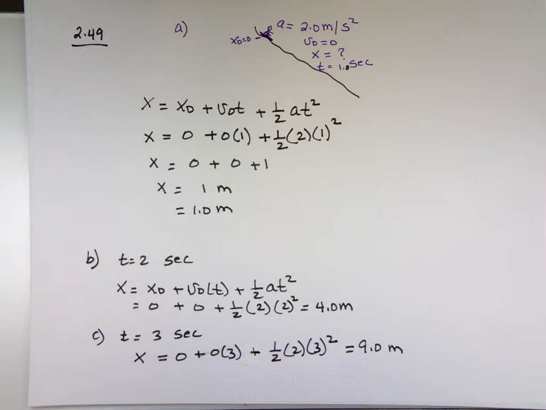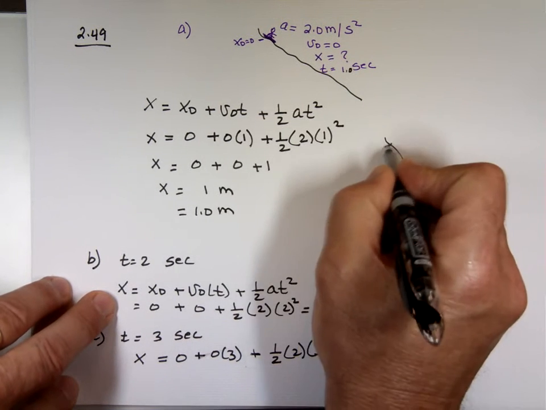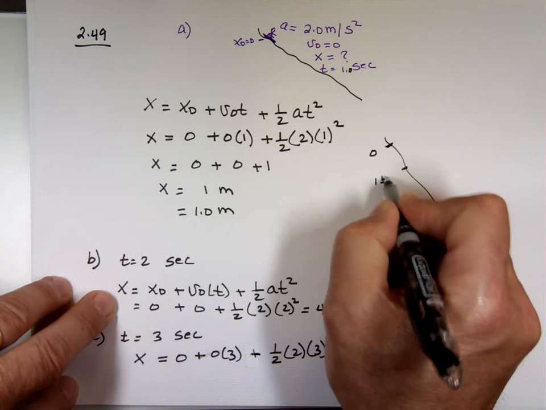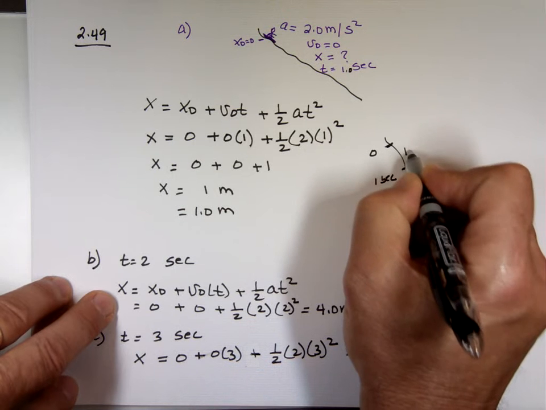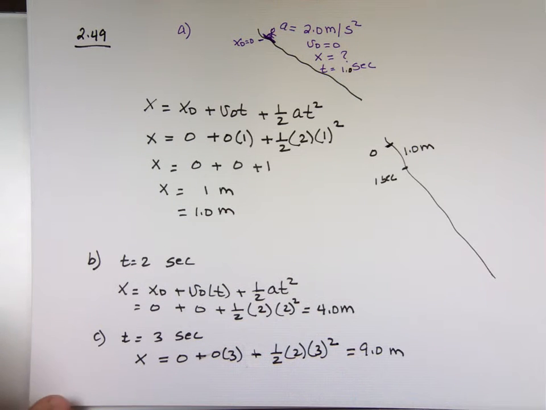So notice your distance is increasing. What do I mean by increasing? If this is the mountain here, you mark in from here. This is the 0 second. In 1 second here, you only traveled 1 meter. In 2 seconds, you travel how many meters? 4.